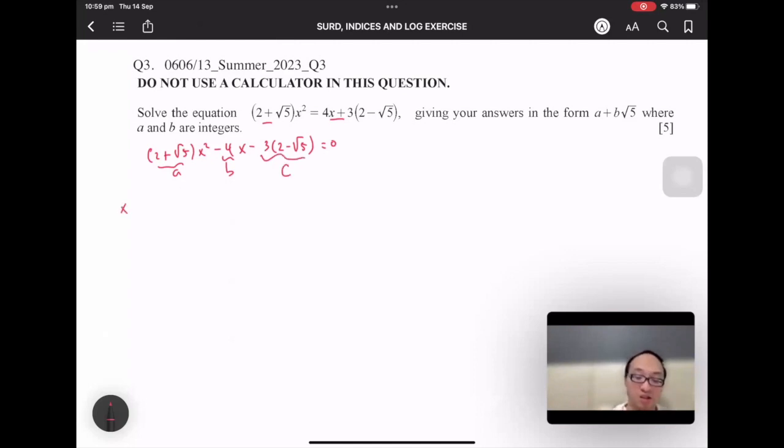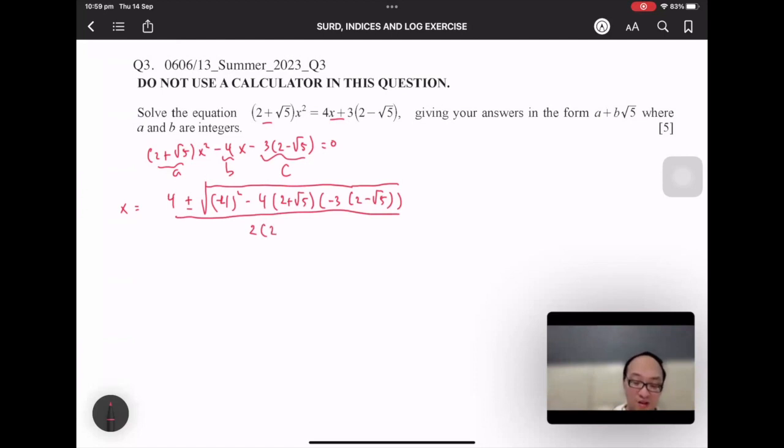So using the formula, minus B plus or minus the root of B squared, so it's negative 4 squared, minus 4AC. A is 2 plus root 5 and C is negative 3 times 2 minus root 5, over 2A.